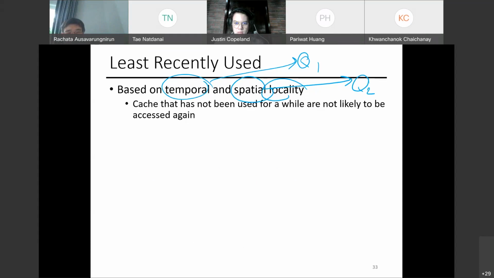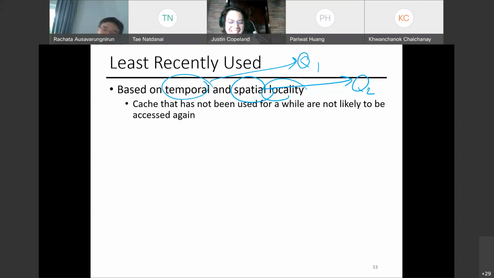What does it mean? So if I access variable x, what does temporal locality mean? They're all wrong. Sorry, guys.